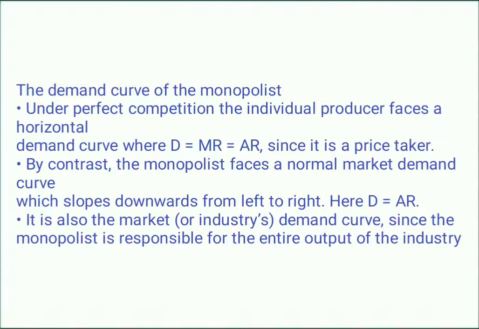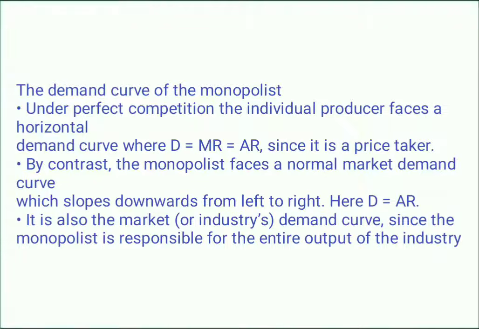The demand curve for monopolies versus perfect competition: under perfect competition, individual producers face a horizontal demand curve, which is also the marginal revenue curve, since they are price takers. The demand curves for monopolies do not appear most of the time on exams, but you need to know them.